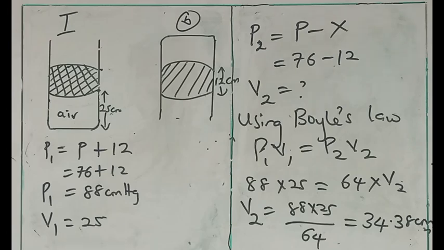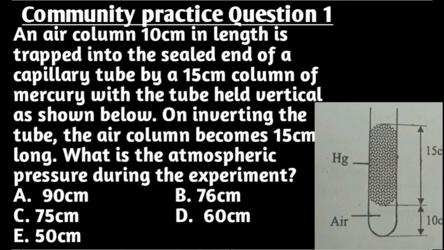Try this assignment. An air column 10 cm in length is trapped into the sealed end of a capillary tube by a 15 cm column of mercury with the tube held vertically as shown below. On inverting the tube, the air column becomes 15 cm long.